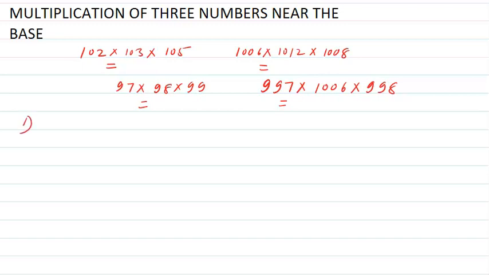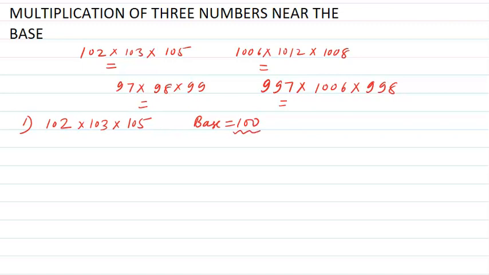So to start with, let us start with this example where I am multiplying three numbers, that is 102, 103 and 105. One thing that you notice here, that all these numbers are closer to the base 100. Base is a very fundamental concept which we are using quite frequently.